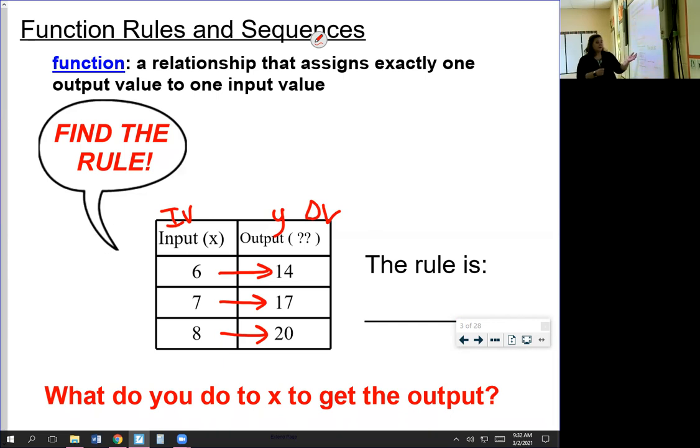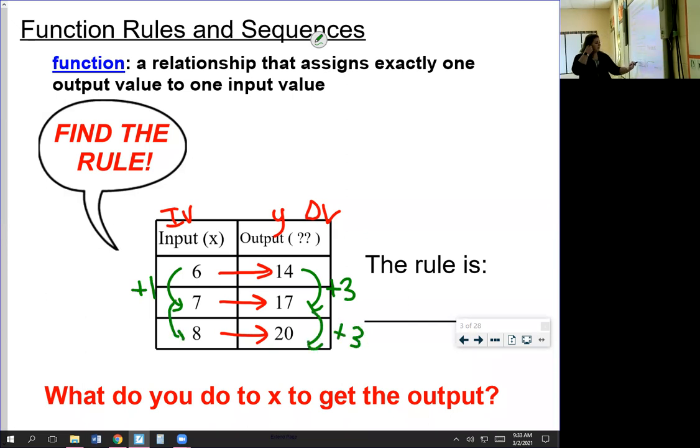I can't add 8 each time, so that's not going to work. I can't multiply by something, so that can't work. So how you find the rule is you look at the relationship going this way and this way. From this to this, I add 3. From here, I'm adding 1. From here to here, I add 3.